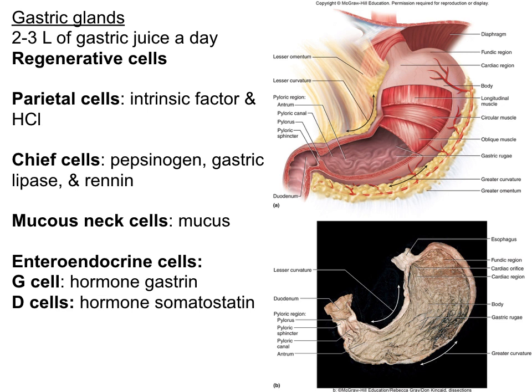Now, if gastrin sort of acts as this on switch for digestion in the stomach, the somatostatin produced by your D cells is going to act as an off switch. In fact, somatostatin can inhibit your G cells. So it inhibits gastrin secretion. It's going to suppress motility of the stomach. So it's going to slow the muscular contractions of the stomach.